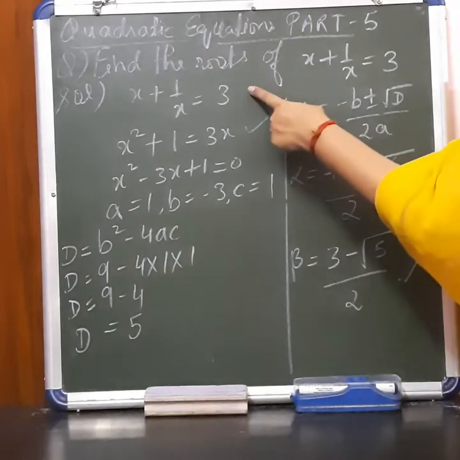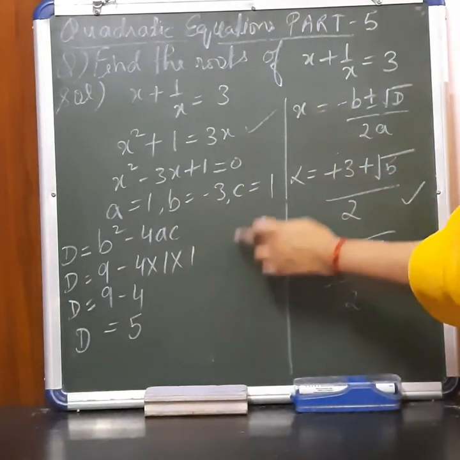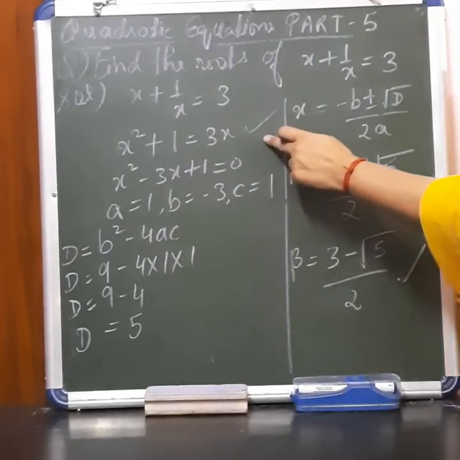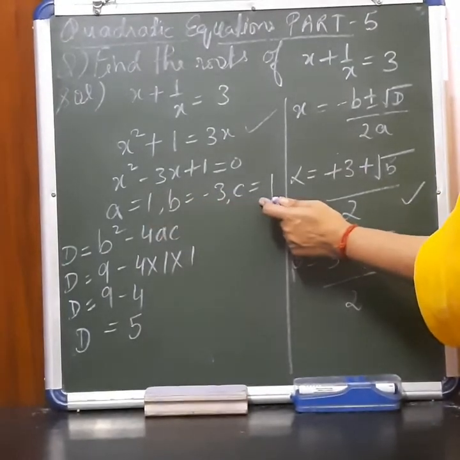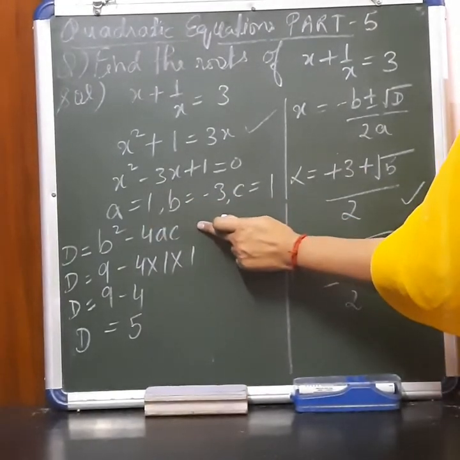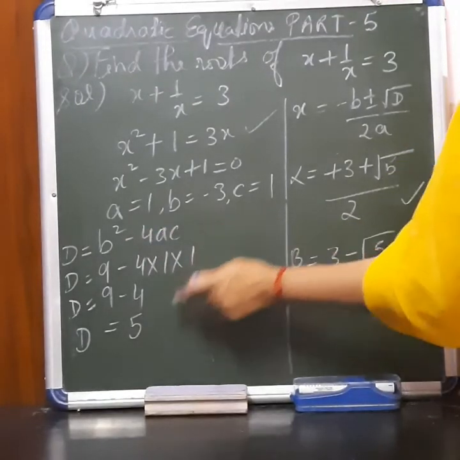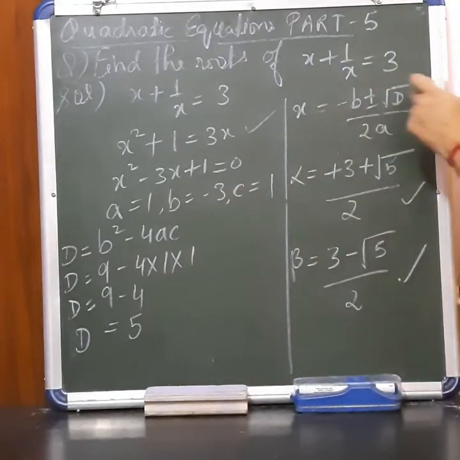These are two roots of this equation and we have applied the quadratic formula here. So first of all you will simplify this equation, then you will find the values of a, b, c, then you will find the value of d by the formula b square minus 4ac. When you have got the value of d, you will apply the formula x is equal to minus b plus minus root d upon 2a.